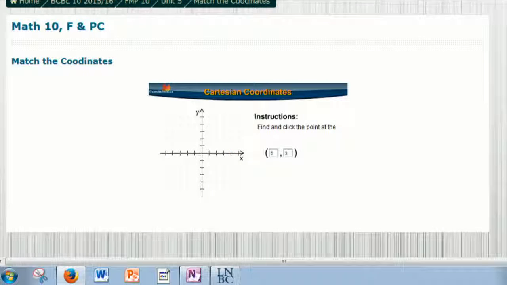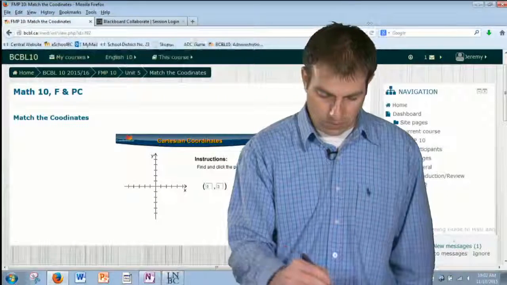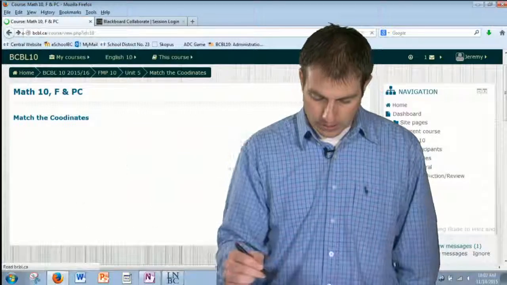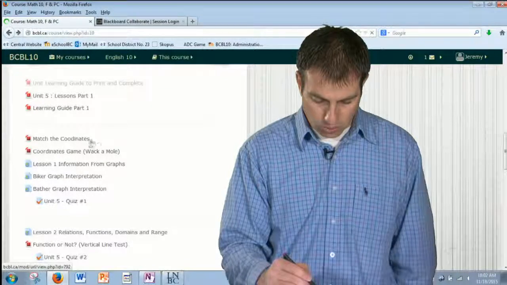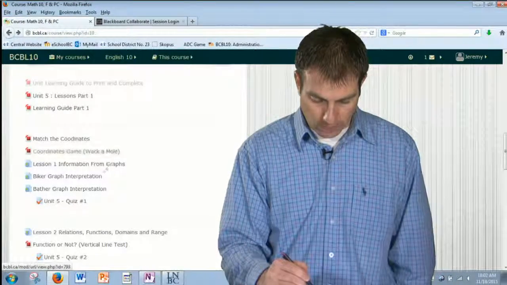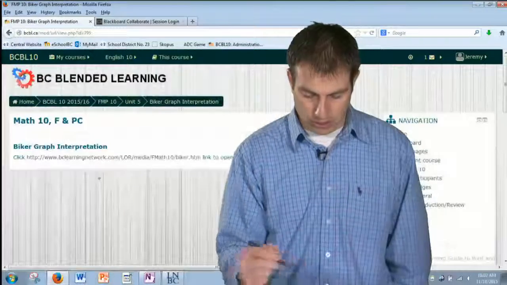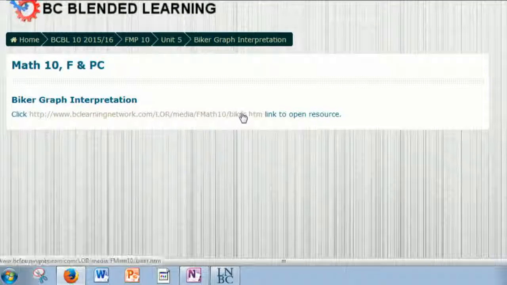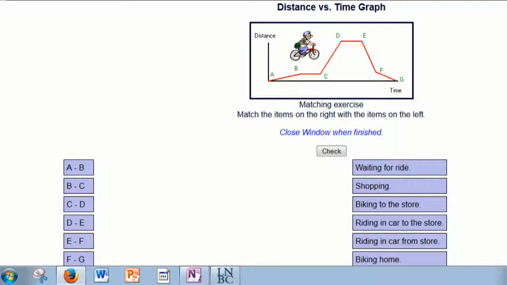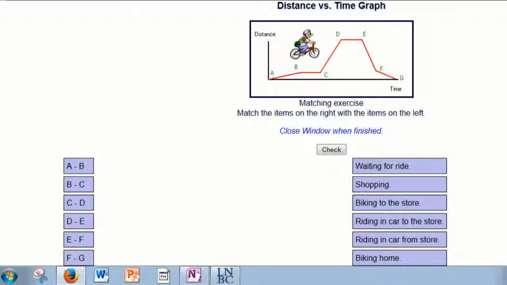But the other one, it's not what I was hoping for. The match the coordinates game, whack-a-mole, biker graph interpretation. It gives you a link. It gives you a chart with distance and time, and then it gives you a section. So from A to B, what's happening?